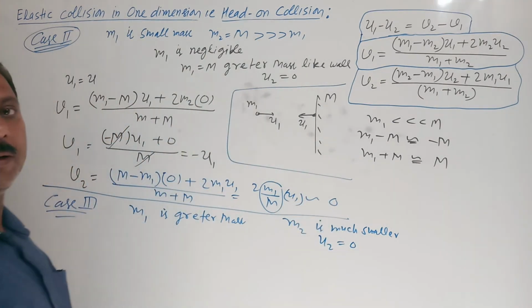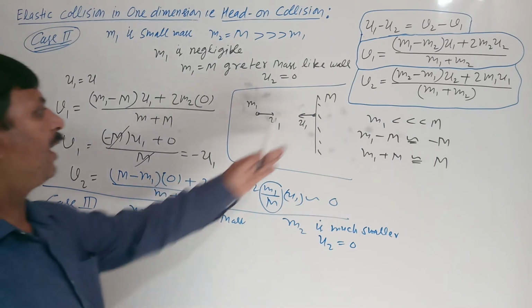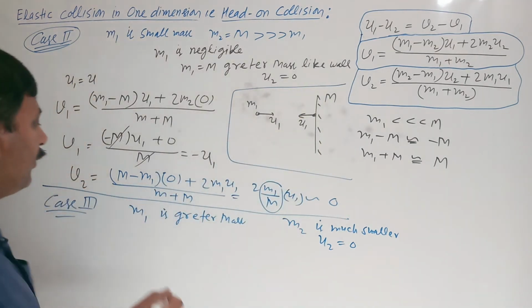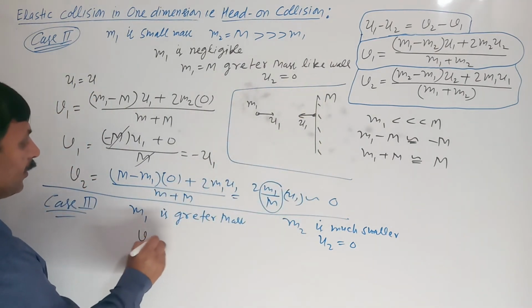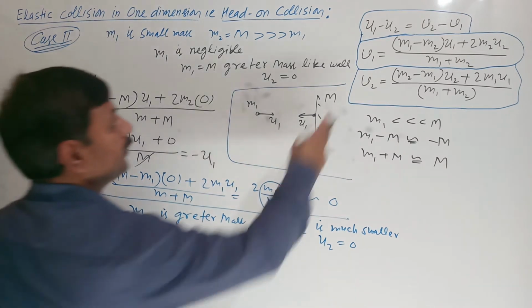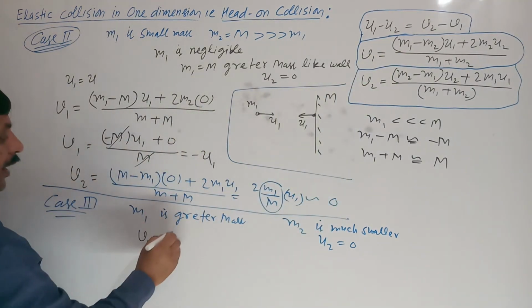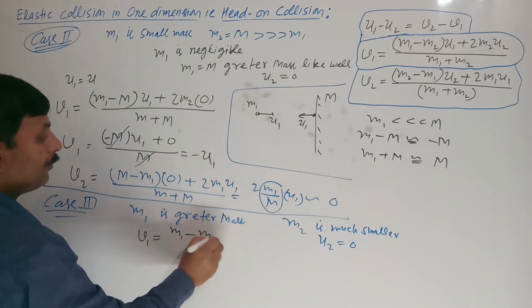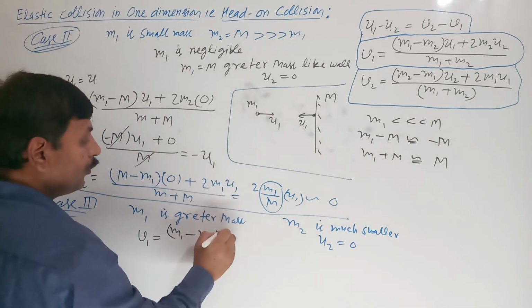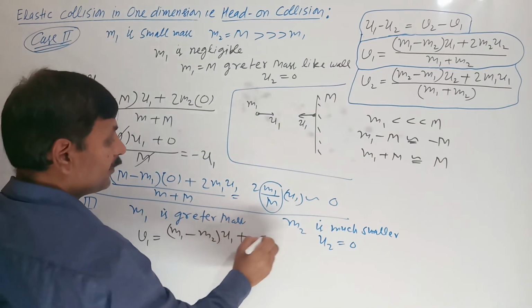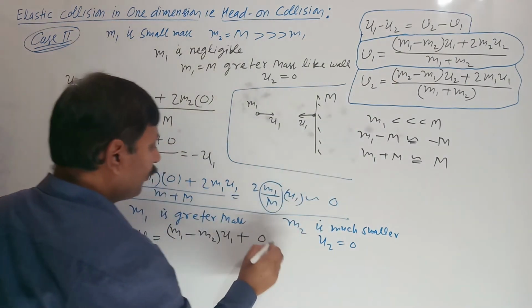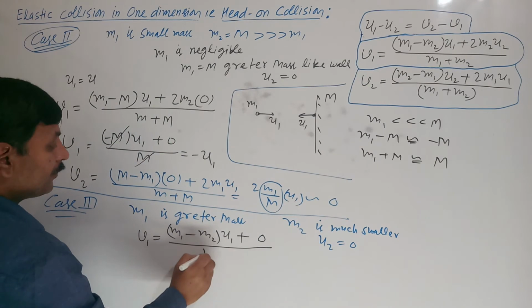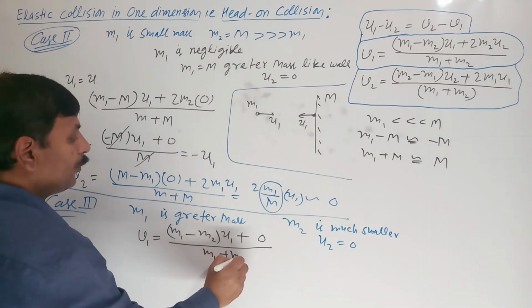If you apply the same formula here, V1 is equal to M1 minus M2 into U1, plus U2 which is 0, divided by M1 plus M2.